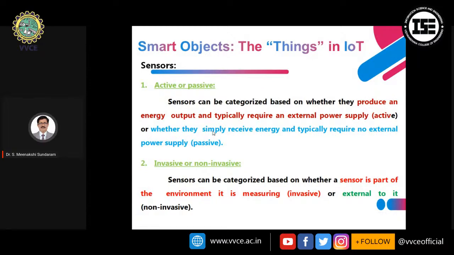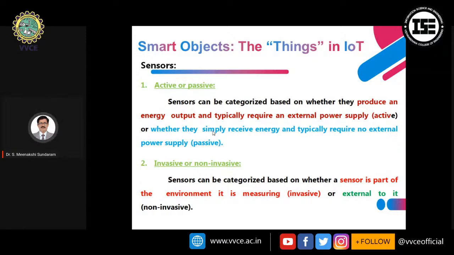First category we will take as the active or passive sensors. Some sensors are capable of producing energy output and typically require an external power supply. We call it an active sensor. Wherever we have sensors which simply receive energy and typically require no external power supply, we call them passive sensors.